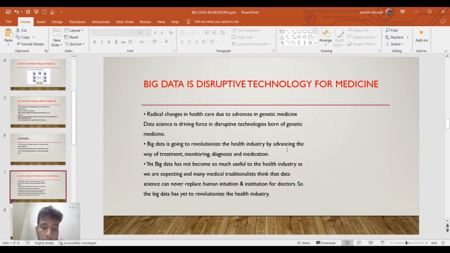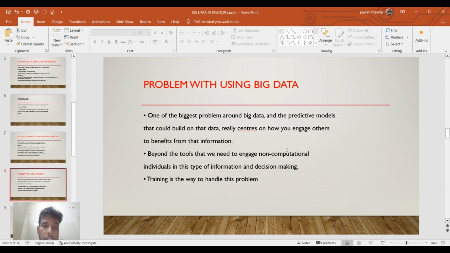However, big data has not become as useful to the health industry as we expected, and many medical traditionalists think that data science can never replace human intuition for doctors. So big data has yet to revolutionize the health industry.